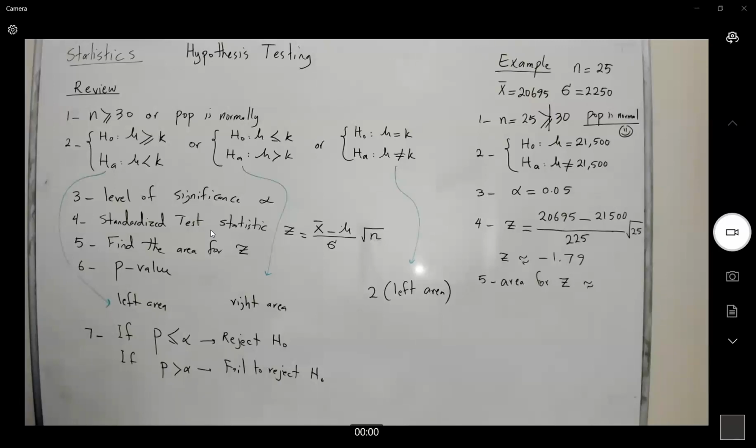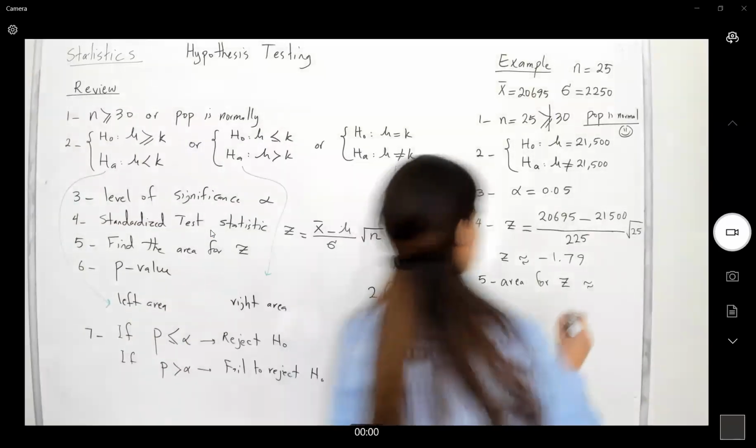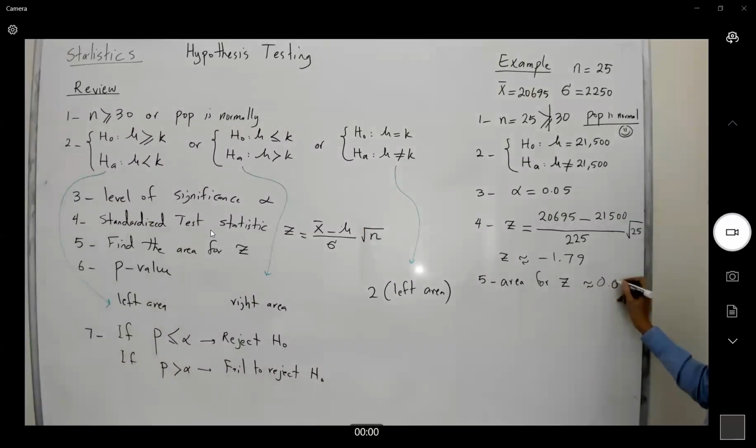The area to the left side of z is 0.036. Okay, perfect. So in the best case scenario, you can say that my area is about 4%.